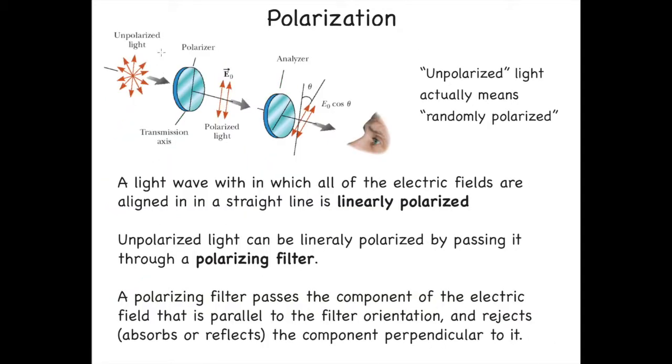Now what we can do is we can take unpolarized light, which is really a mixture of randomly polarized light, and we can pass it through a filter called a linear polarizing filter, right, and turn it into polarized light. So these polarizing filters are made up of long molecules that like to absorb in one direction but not much in the other.